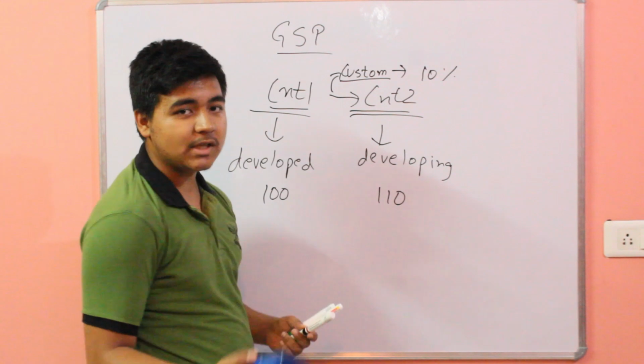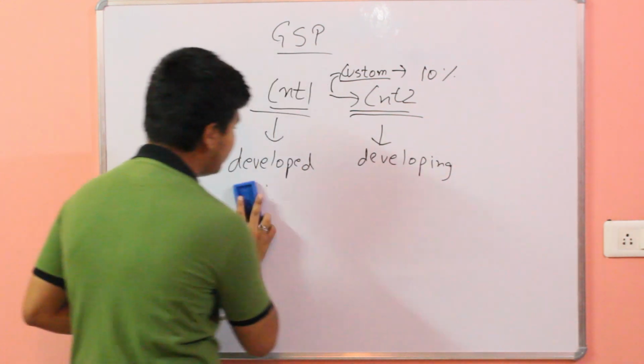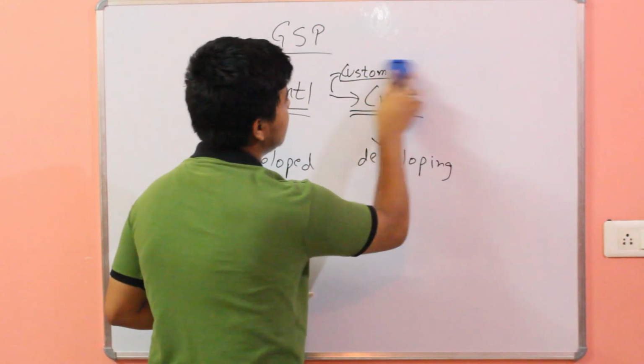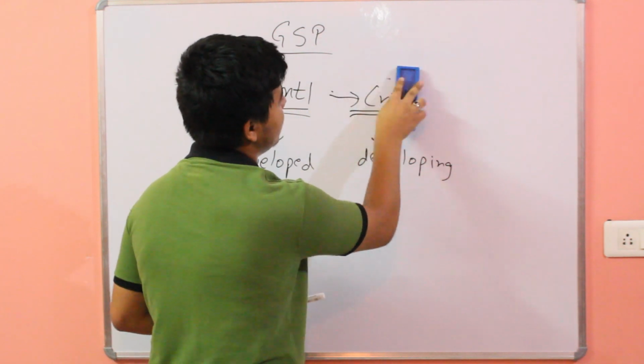So what did GSP do? GSP removed this trade barrier. It removed the custom tax or tariff.